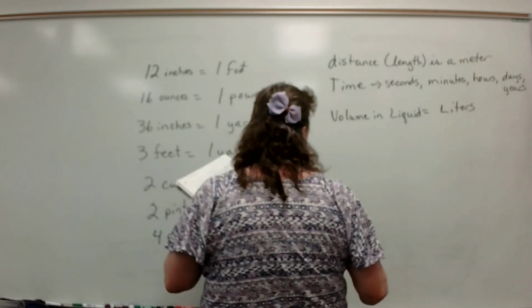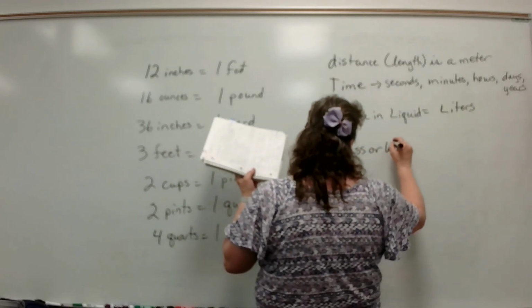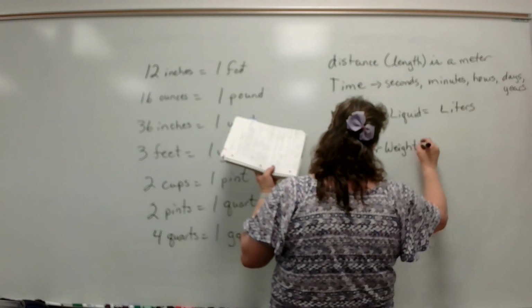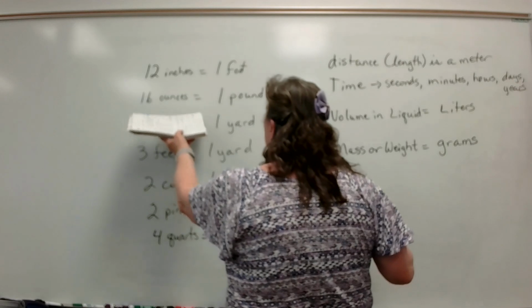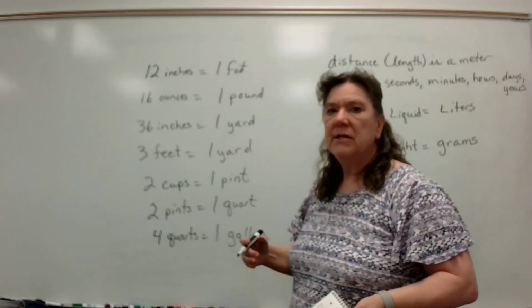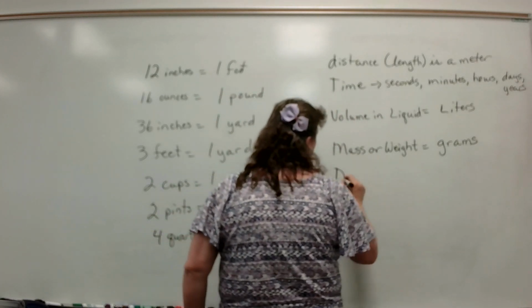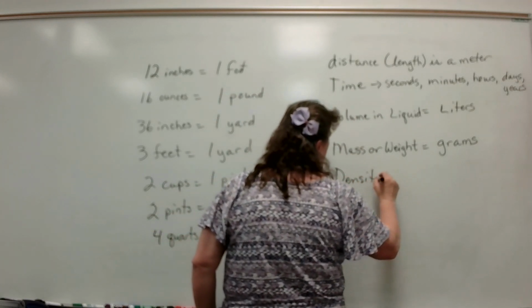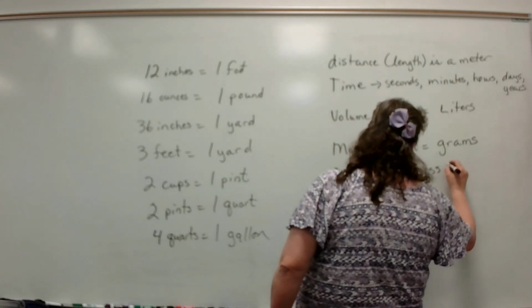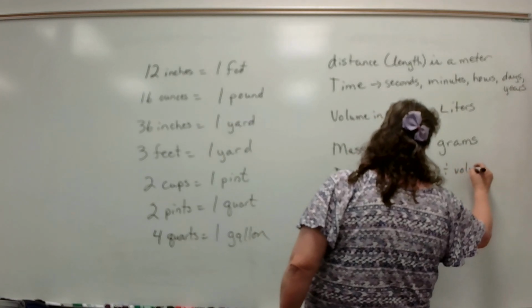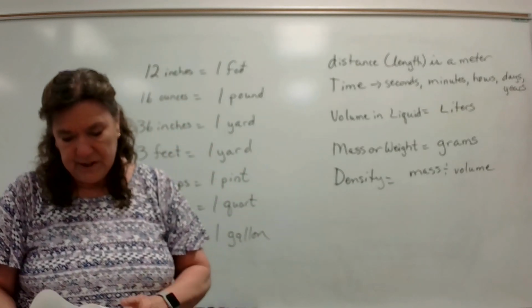Whereas mass or weight is equal to grams in their system, where in our system we would use ounces and pounds and then tons, okay? And then density is what influences the weight of things. Density would be mass divided by volume. Okay, so that can be used as part of your dimensional analysis.